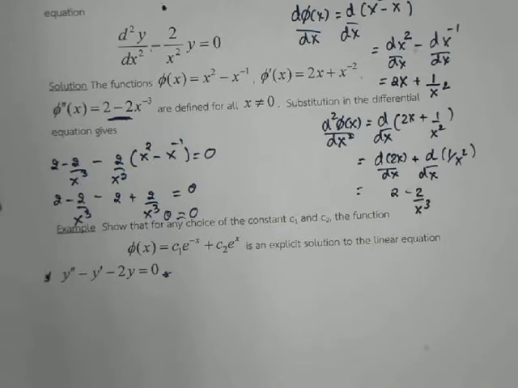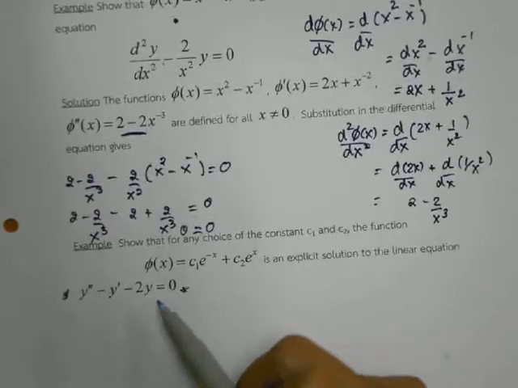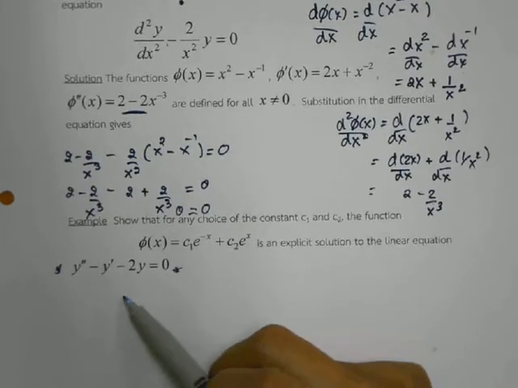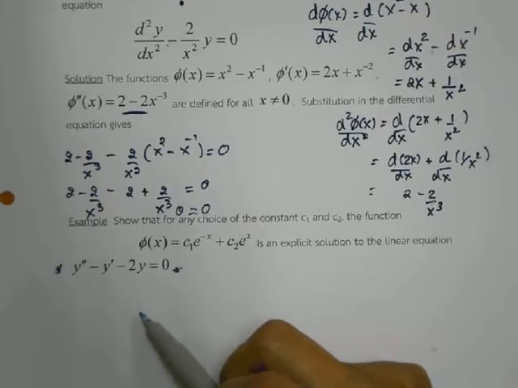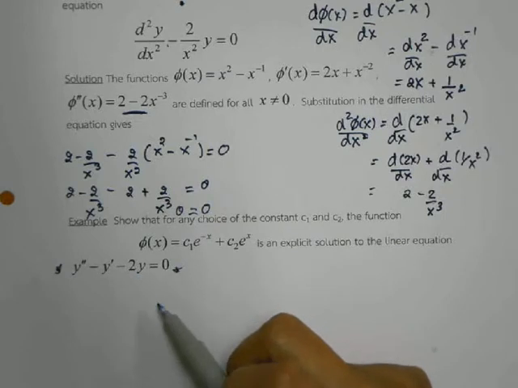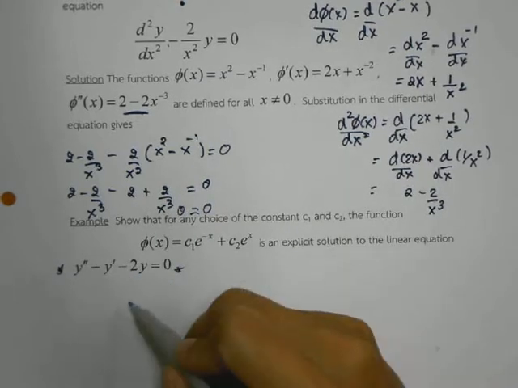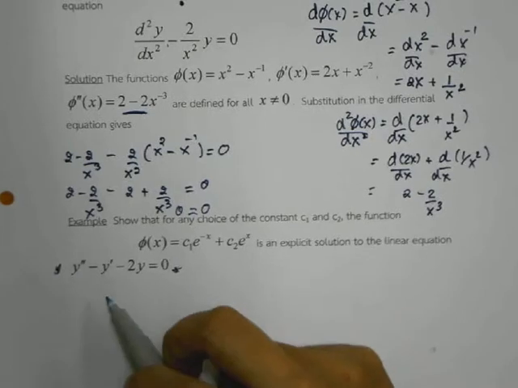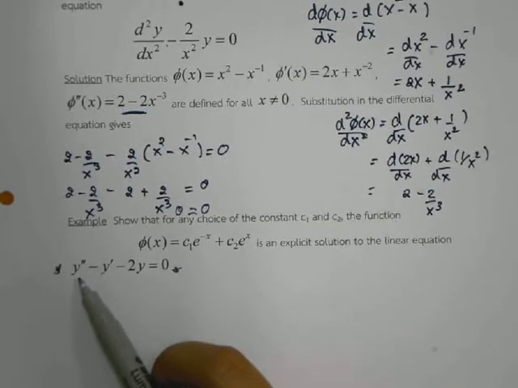The way you do it is to put y of x into the equation and see whether it is the answer. If it is the answer, then you would end up with 0. That means it is really the answer of this equation. So you differentiate 2 times again, because this is the second derivative of y by x.